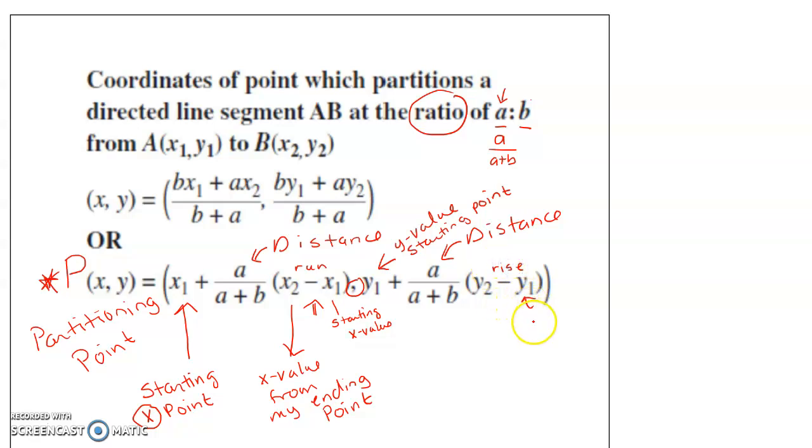So that's my starting Y. And this is the Y value from my ending point. It looks complicated, but with a little bit of practice, it's pretty easy. Don't forget that when we work with the formula, we're going to take our distance and distribute it to our run or our rise, and then we would add it to those starting points.